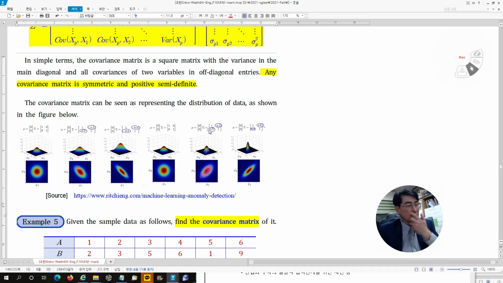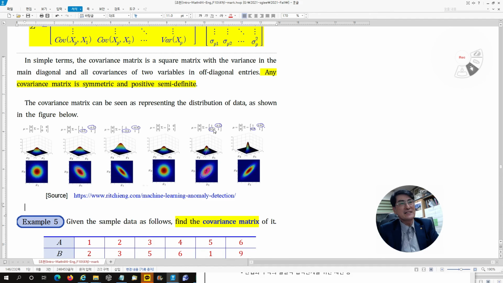If the covariance matrix has positive off-diagonal entries like this, then it's rotated in the clockwise direction, about 45 degrees.